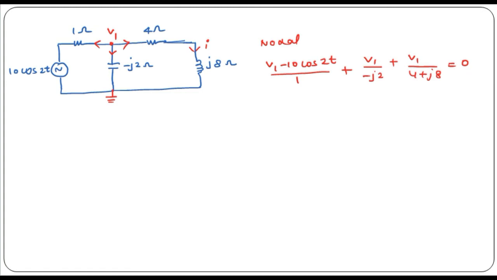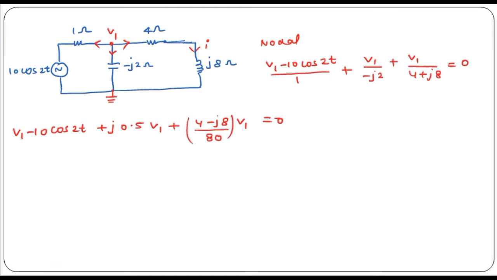So if we simplify, we are getting V1 minus 10 cos 2t equal to plus j, 1 by 2 is 0.5 of V1. Let us rationalize this. It will be 4 minus j8, and the magnitude will be square root of 16 plus 64, so this will be 80, into V1, equal to 0.